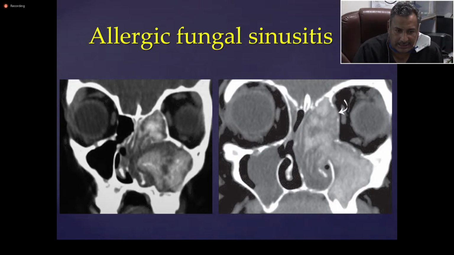You can see on the screen. That's a classical picture of allergic fungal sinusitis. This is non-invasive again, but the way it expands into the sinuses and gives bone erosion, it gives a suspicion or a look of invasive fungal sinusitis. But it doesn't invade. It's pure non-invasive fungal sinusitis.